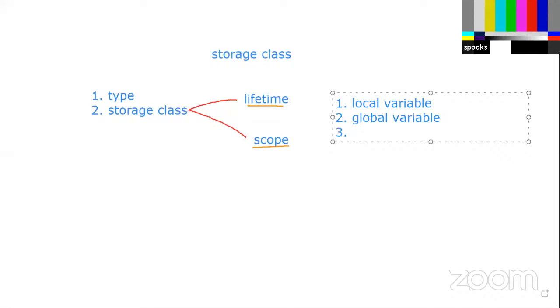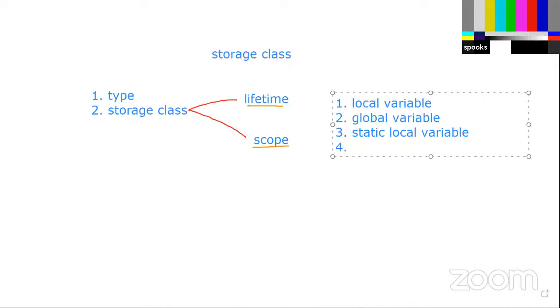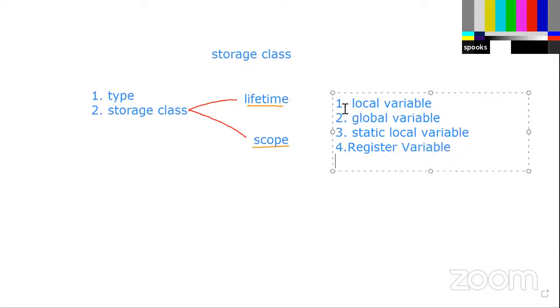Thirdly, we can have the static local variable, and then we can have the register variable, and lastly we can have the thread local storage.